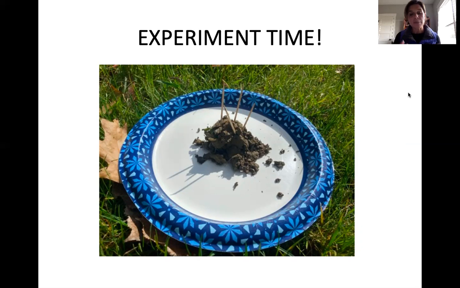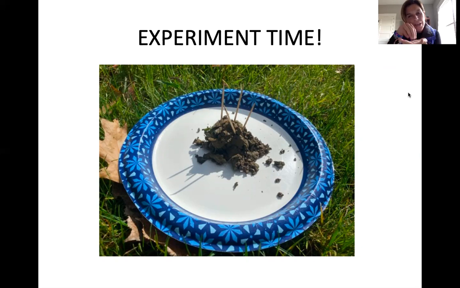So for this experiment, you're going to get a plate, you're going to put a lump of it right in the middle, and then you're going to stick something into the soil. It could be toothpicks like I have in this picture. It could be broken up pieces of spaghetti stuck in there, just something thin that you can poke in and it'll stay there. Maybe you'll come up with something else to use, about halfway in.